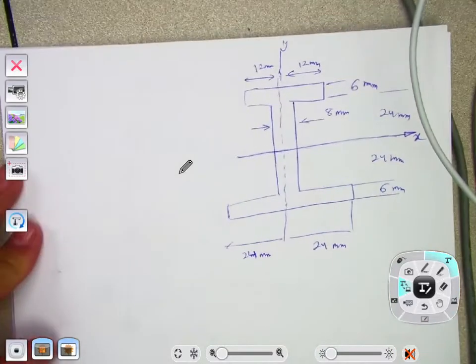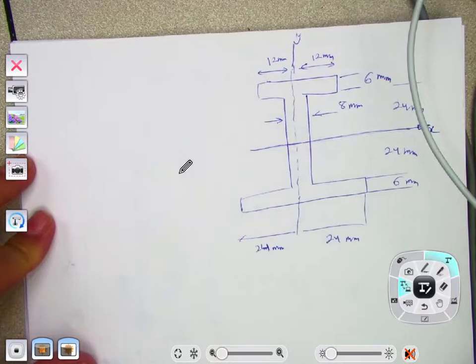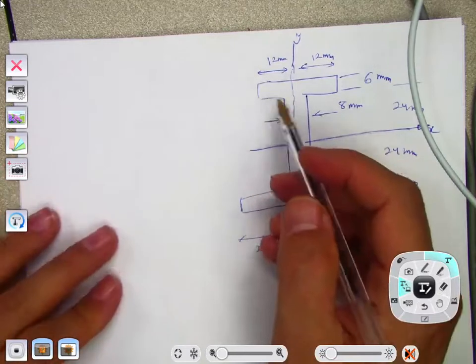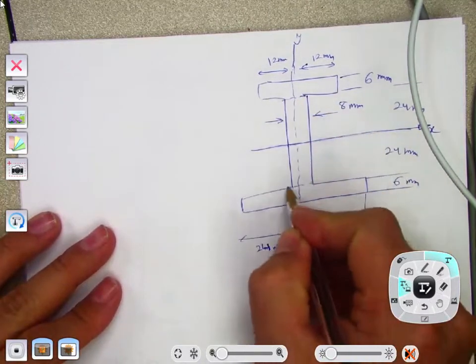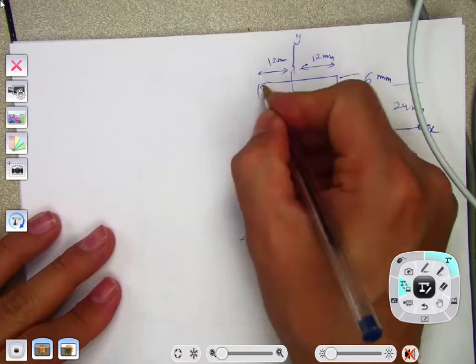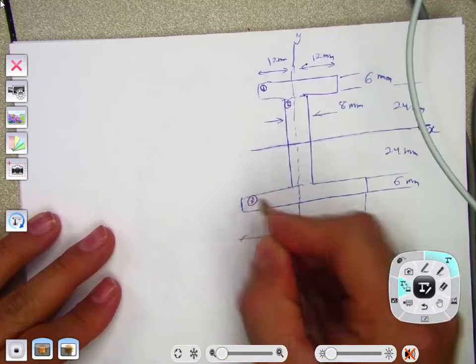Alright, so the way I'm going to do this, I'm going to break this shape into pieces. It says what is Ix, right? So how do I find it? I can break it into pieces like this. This one piece, another rectangle like this, so piece 1, piece 2, piece 3.